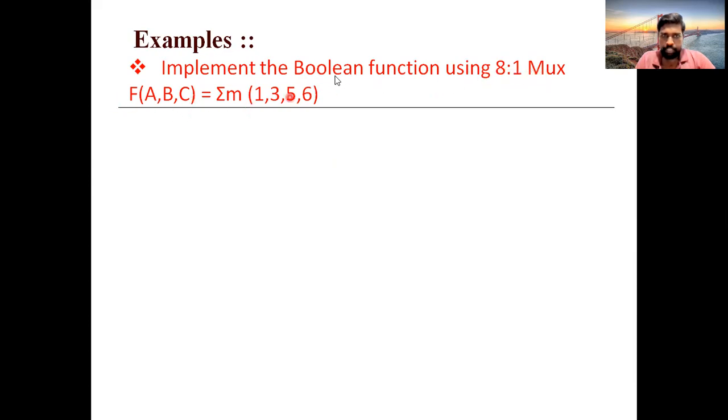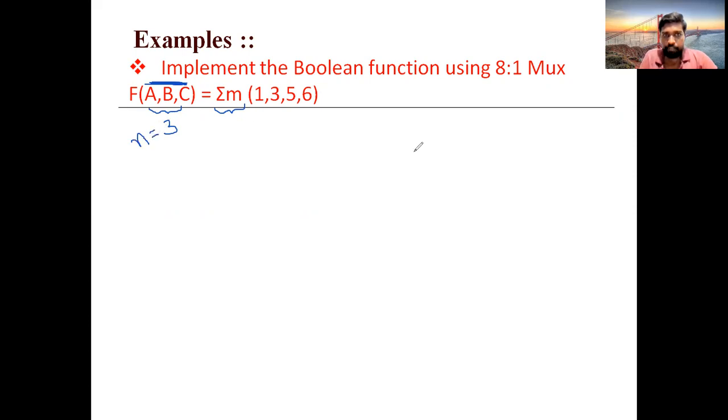The given expression is SOP, clearly observing the summation of minterms. The number of input variables here is 3. In the multiplexer concept, when you find f of like this, these are your selector inputs. Therefore, the number of selector inputs n is equal to 3 in this question.